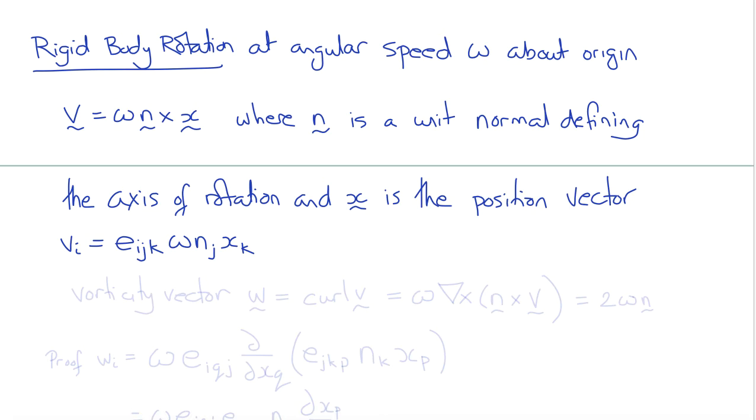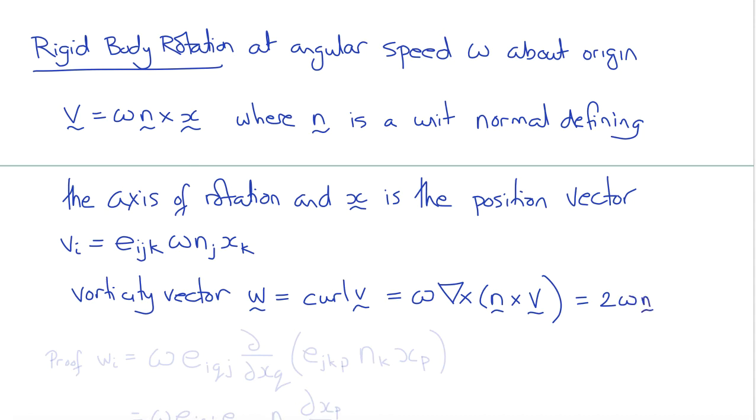Now recall the vorticity vector. W is equal to the curl of the velocity vector, which in this case would be ω times the curl of n cross x. And that, it can be shown, is equal to 2ω times n.